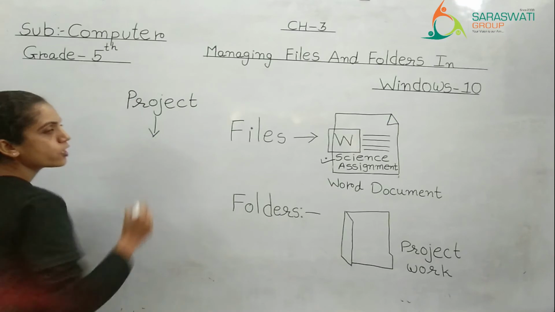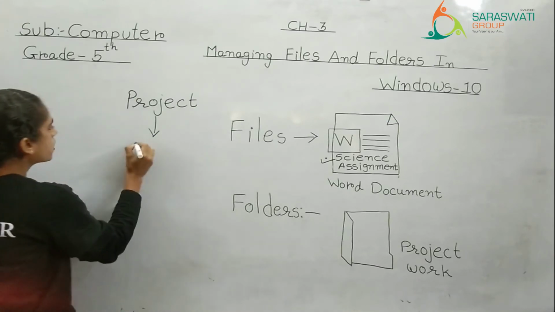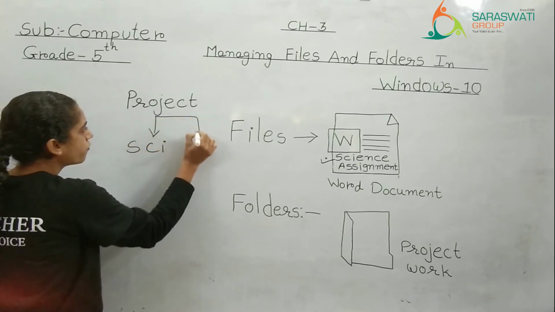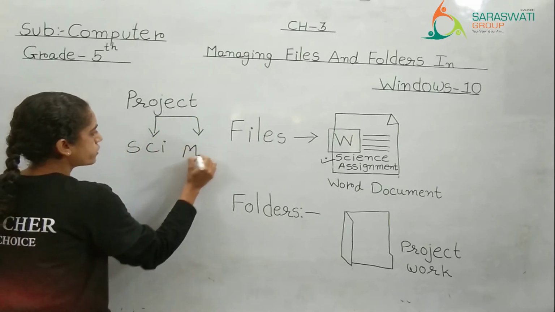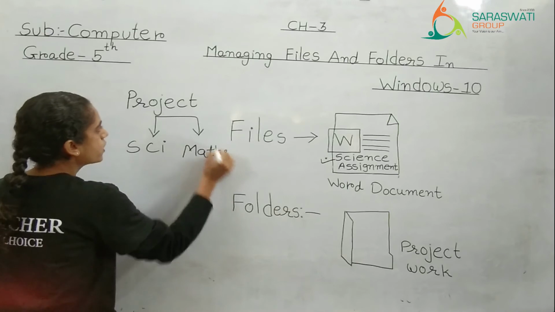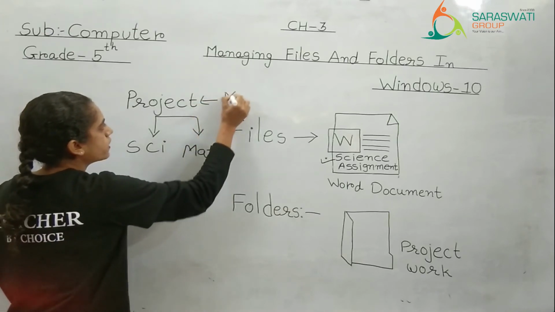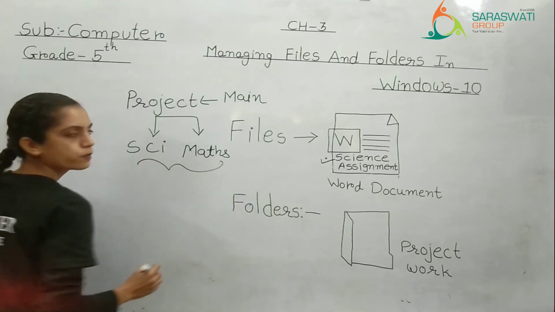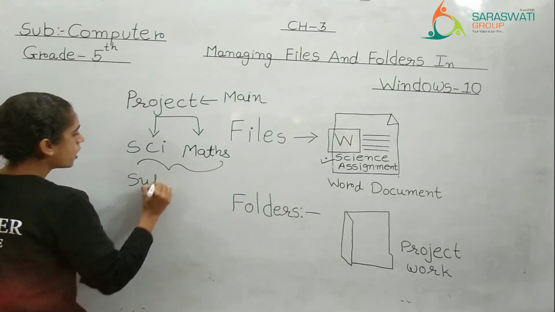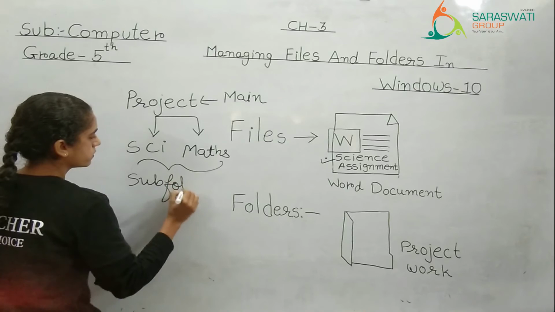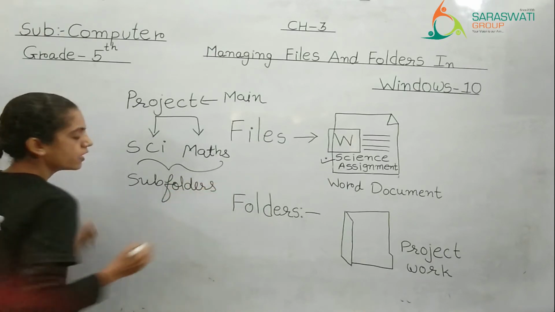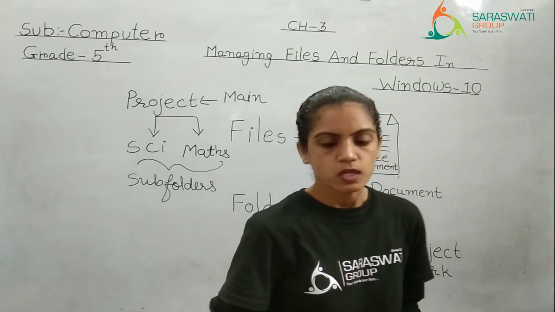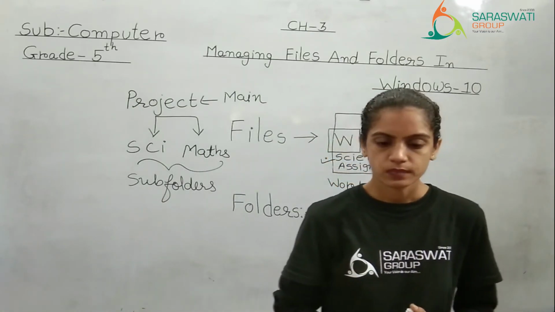Then उसके अंदर you have made one more folder called science project, right? Another folder called maths project, right? So this one is the main folder, and these two are subfolders. It is known as what? Subfolders, right? So underline these two lines.